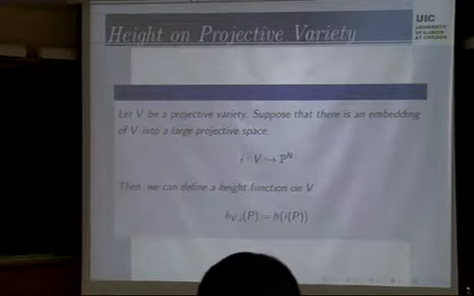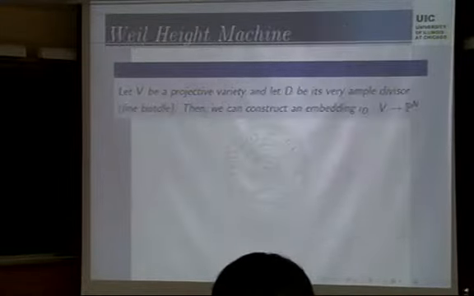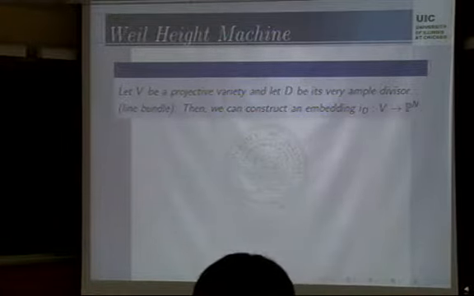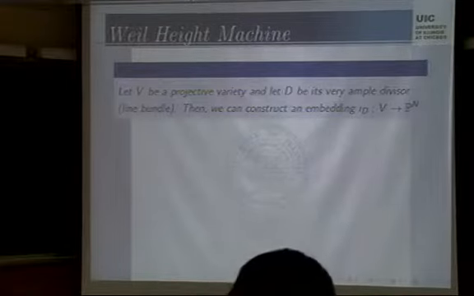The problem is, we might have lots of inclusions. So we need some facts from algebraic geometry. First one, there is a one-to-one correspondence between very ample divisors and closed embeddings. So if you have a closed embedding, if and only if you have a very ample divisor on your projective variety. So you can define your height function corresponding to very ample divisors.